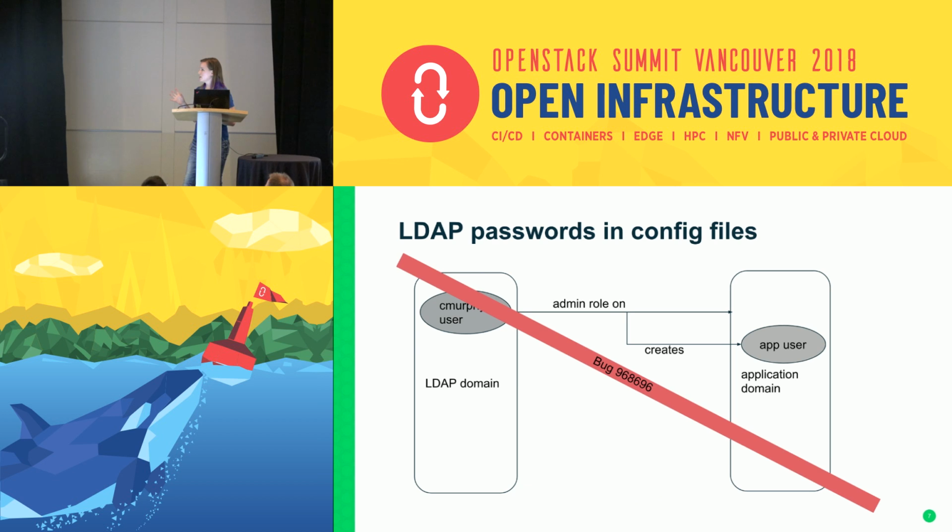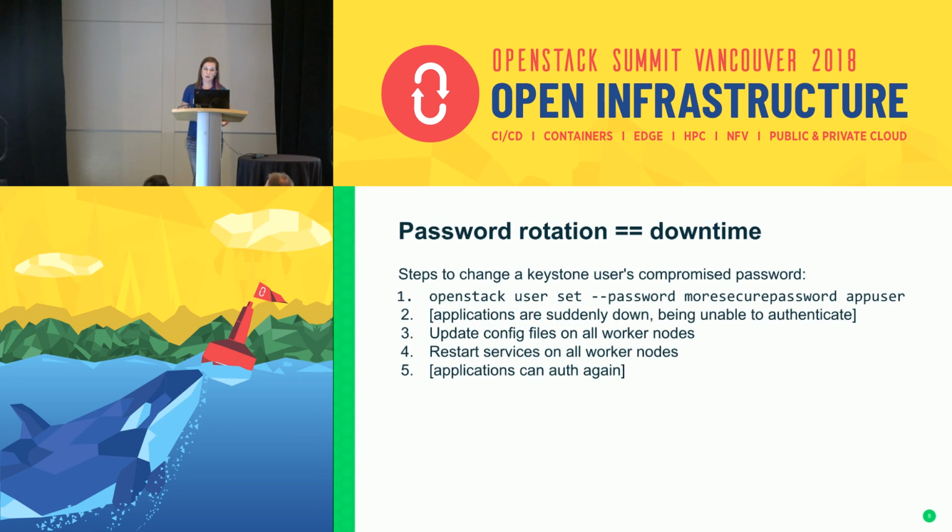Additionally, this wouldn't solve a different problem, which is that your passwords have to be changed from time to time, either because this password was compromised or just general good security hygiene, you want to rotate your passwords. But if your application services are using the password, then there's going to be downtime because it'll work something like this.